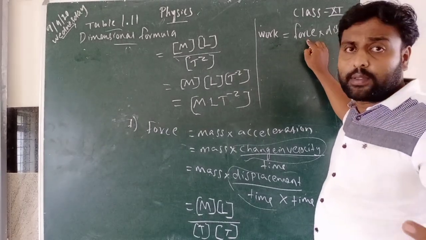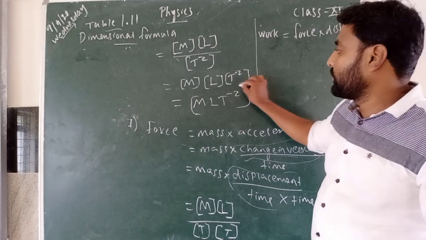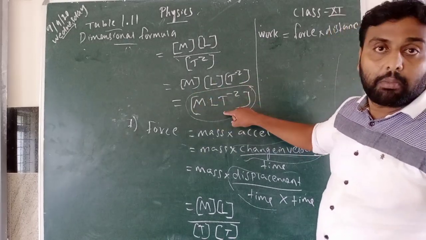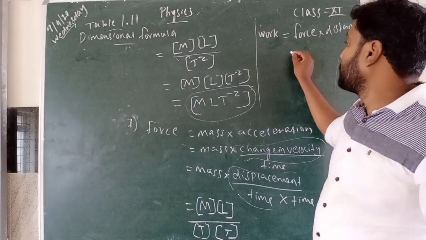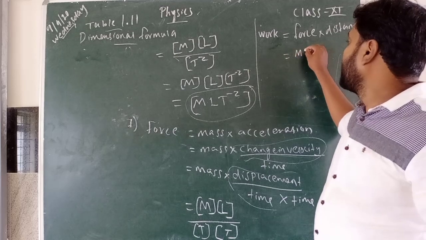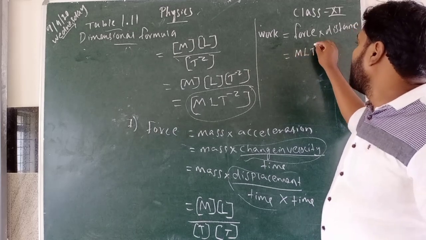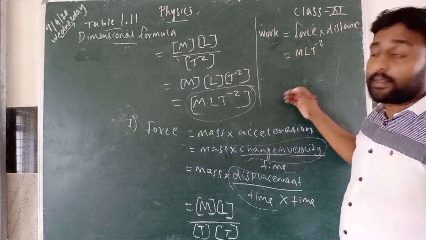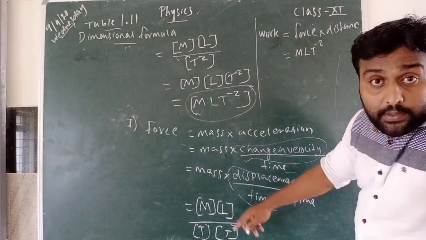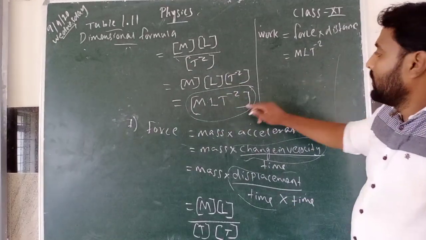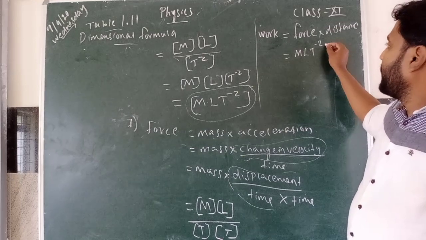Already we know force dimensional formula is what? M L T power minus 2. Otherwise, again this whole step we have to do. So you can write and do it.